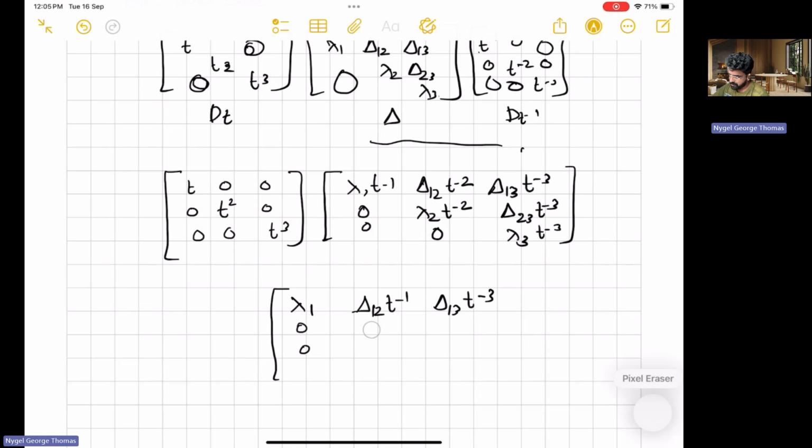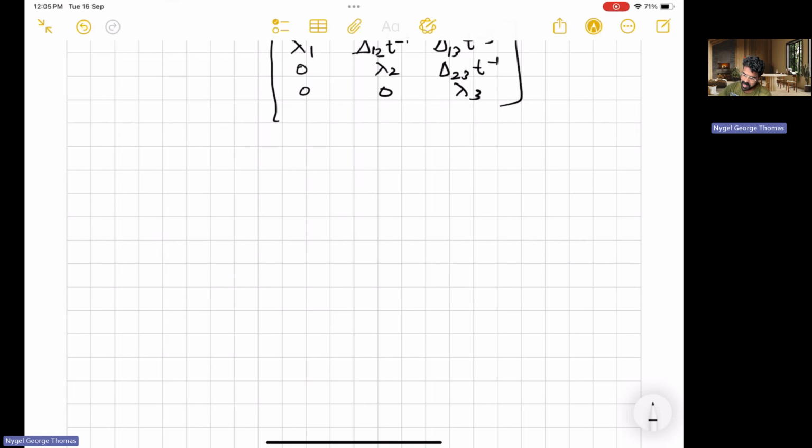Here it's, sorry, it's delta. Sorry, lambda 2, lambda 3. Here it's 0. It's delta 2 3 t raised to minus 1. We get a matrix like this.